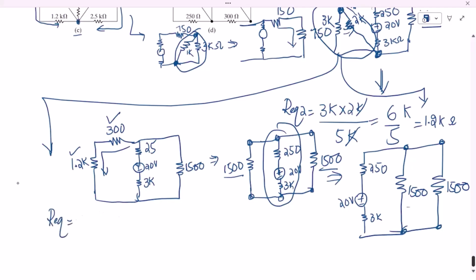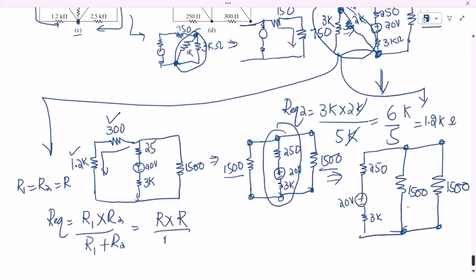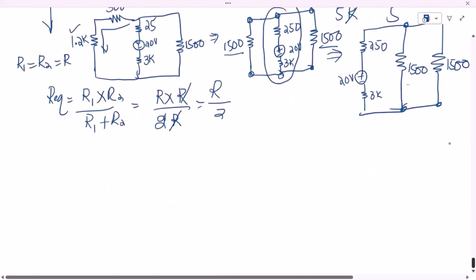If R1 is equal to R2 is equal to R, then the equivalent is R1 multiplied by R2 divided by R1 plus R2, so it will be R multiplied by R divided by R plus R, which is 2R, so this will cancel out and it will be R by 2. So now here it will be 750 ohm.